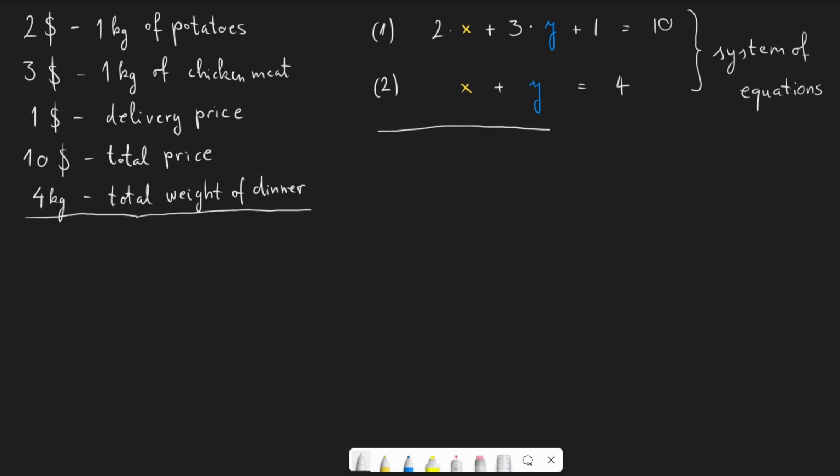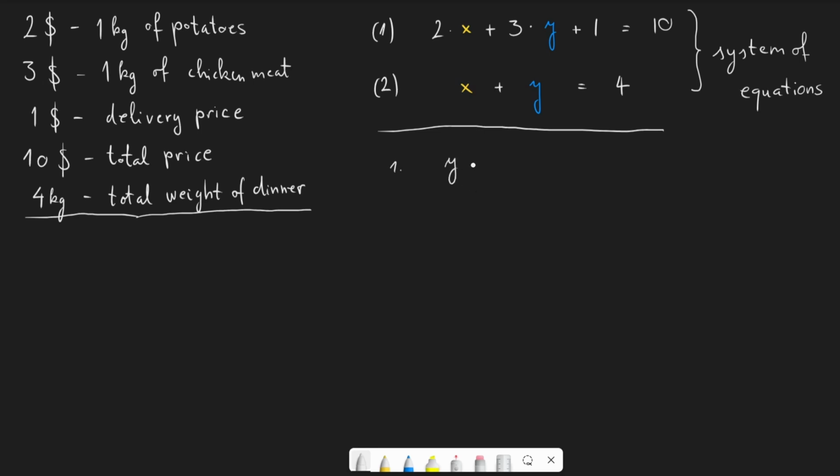So the first step will be to, for example, express y from the second equation. This is not necessary. You could, for example, express x from the second, or express x or y from the first equation. But I will solve it like this.